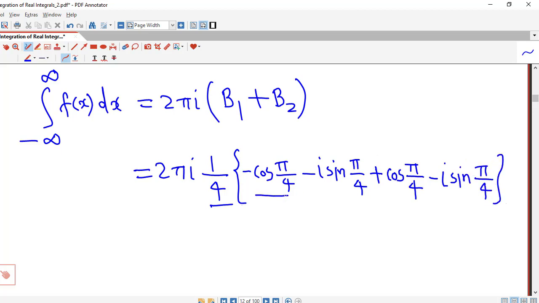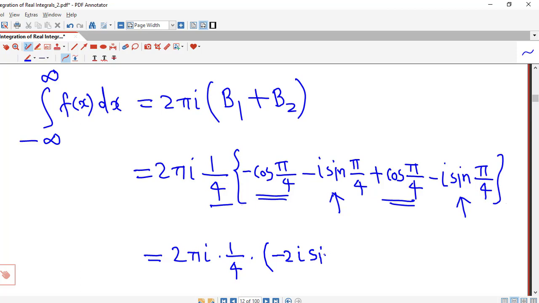So we can see this cos pi by 4 will cancel out, and this is 2 times minus i sin pi by 4, and here we write one more step: 2 pi i into 1 by 4 into minus 2i sin pi by 4.